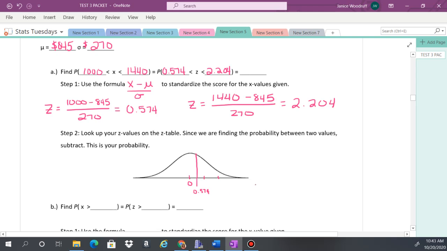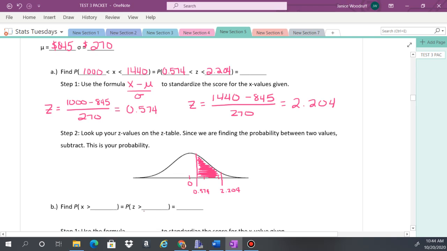And 2.204 is probably right here. And then what I'm looking for is how much of the curve this is. So what percentage does this fill up?